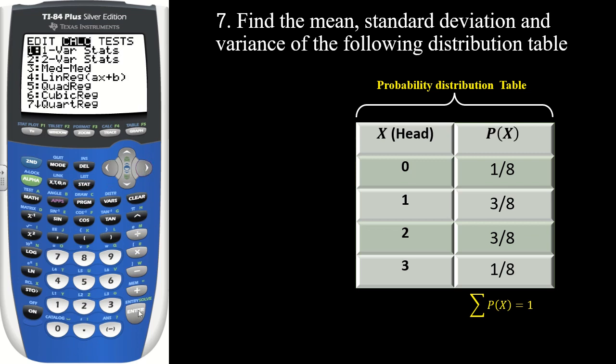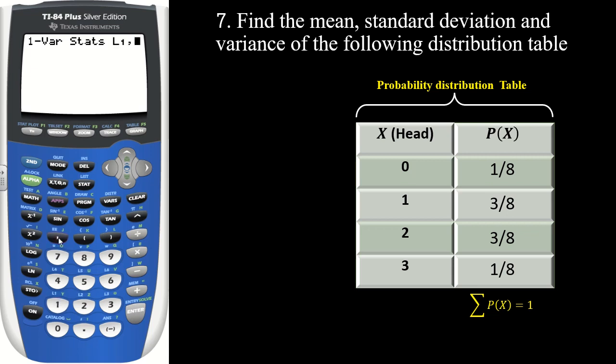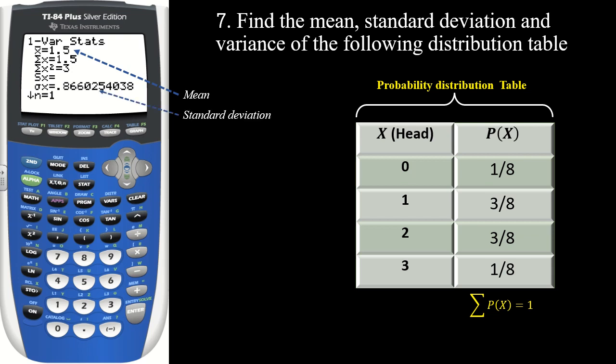Now we're going to go calculate 1-Var Stats L1, L2. Now our mean is 1.5, the standard deviation is 0.866, and the variance is the square of the standard deviation, and in our case here is 0.75.